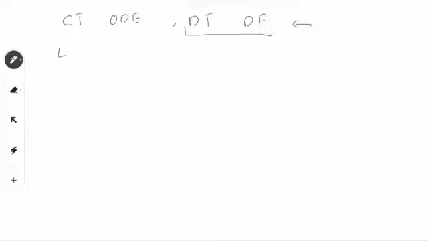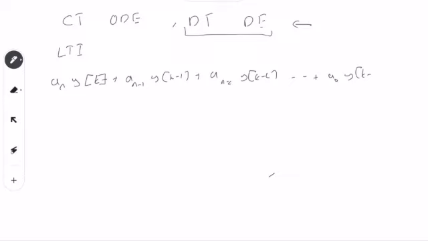So what we do is very simple. If a discrete time system is linear time invariant, we write the variables in terms of their differences. y k plus a n minus 1 y k minus 1 plus a n minus 2 y k minus 2, and it goes like this, plus a0 y k minus n, equals the input dynamics b n u k plus, like this, b0 u k minus n.